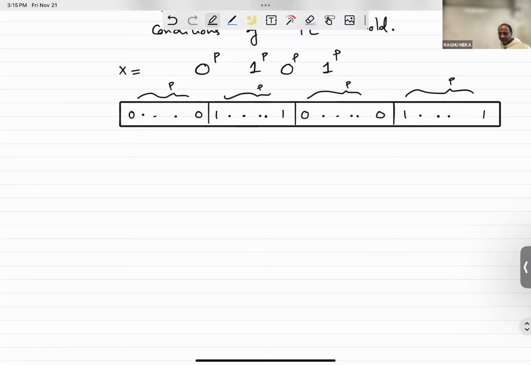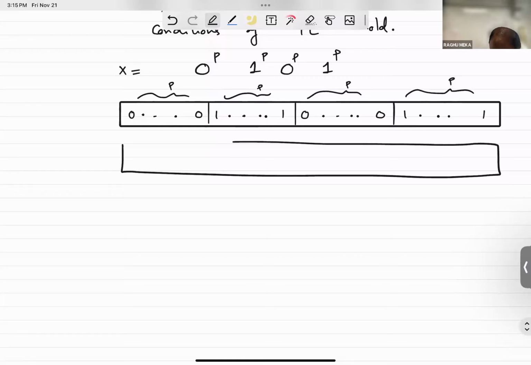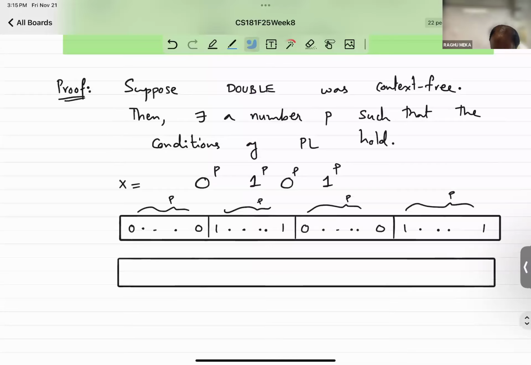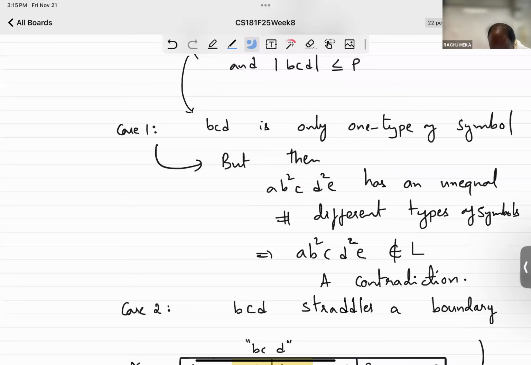Okay, and we are once again trying to say that I can break it up as A, B, C, D, E. Guess my first color was purple.